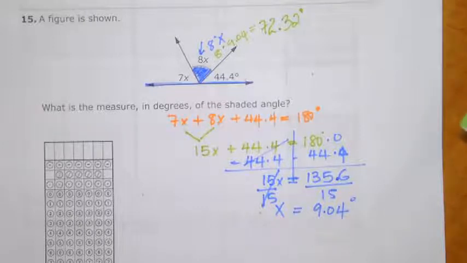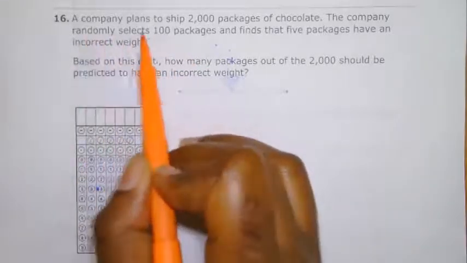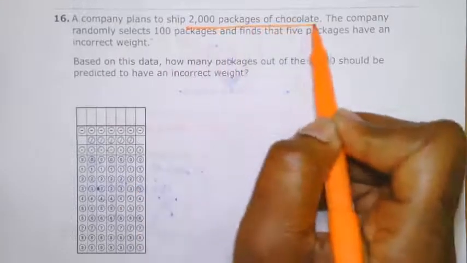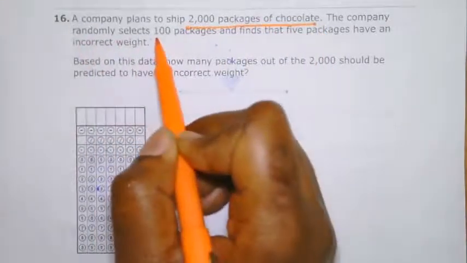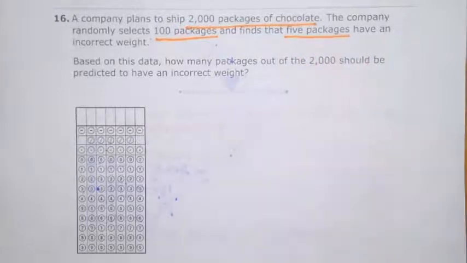Alright, so for this one, it says a company plans to ship 2,000 packages of chocolate. The company randomly selects 100 packages and finds that 5 packages have an incorrect weight. Based on this data, how many packages out of 2,000 should be predicted to have an incorrect weight?